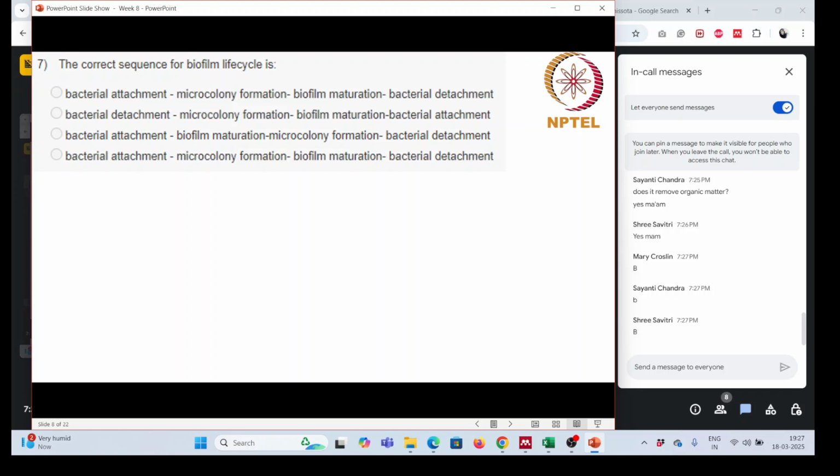What can be the correct sequence? Option 1 and option 4.